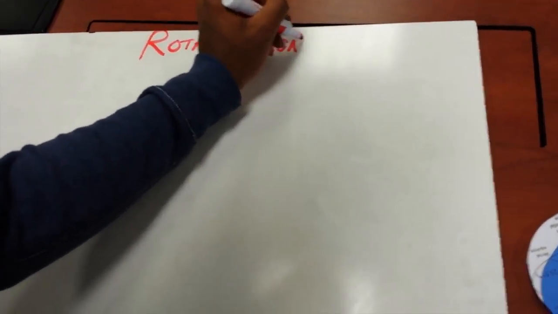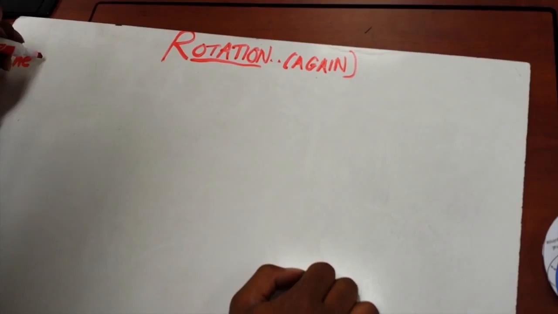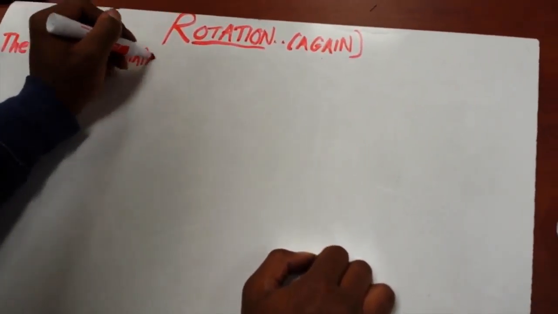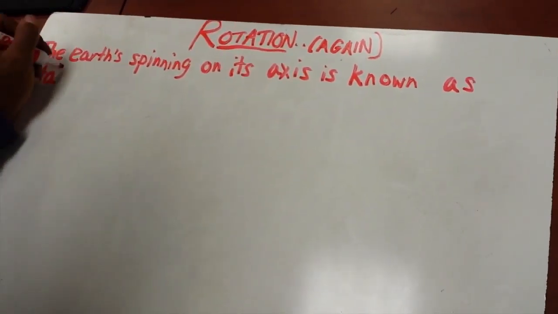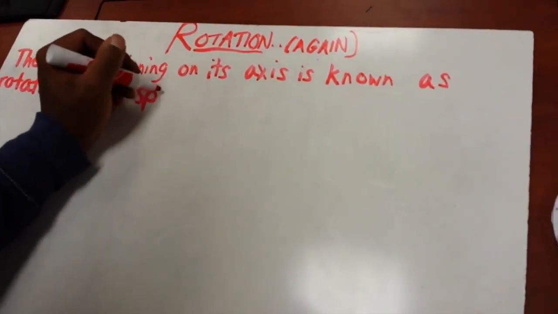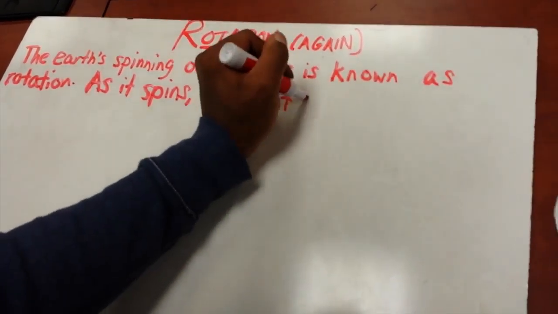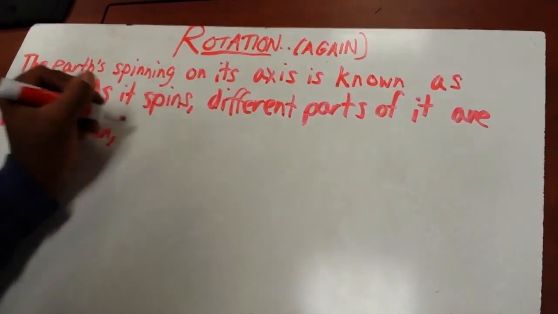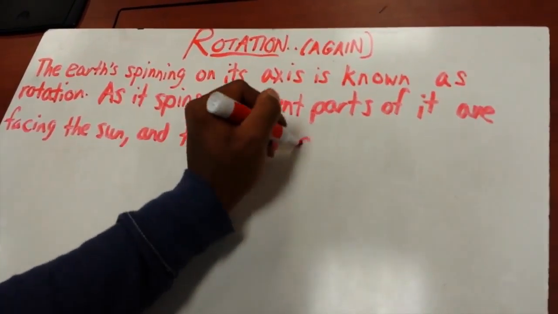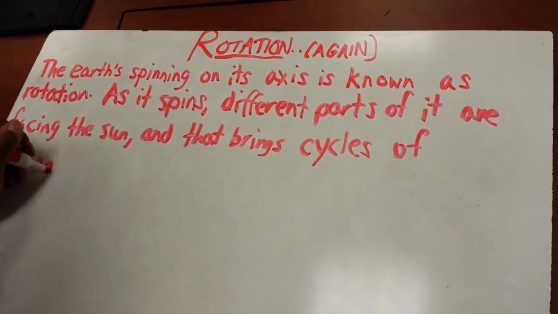So here we're going to give a second look at rotation. The spinning of a body of mass on its axis is known as rotation. As the Earth spins, it causes different sides of it to face the sun at different times, which will bring cycles of day and night.